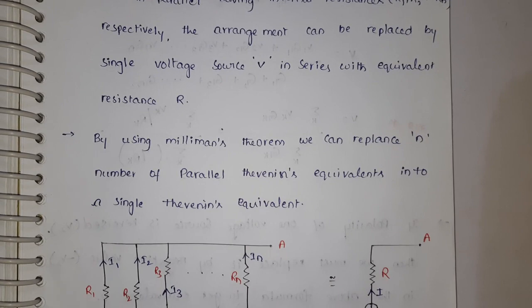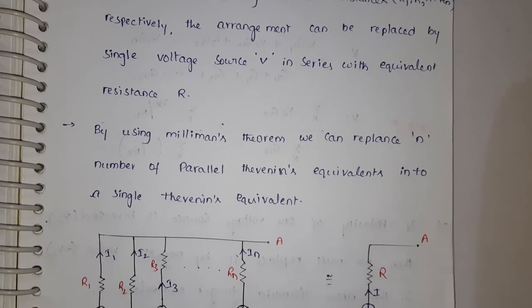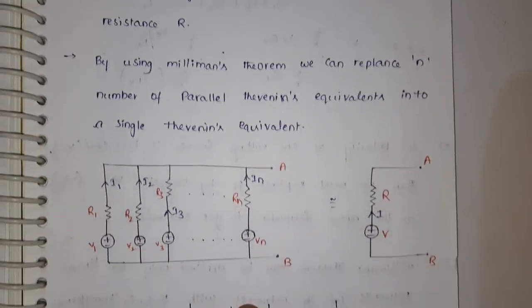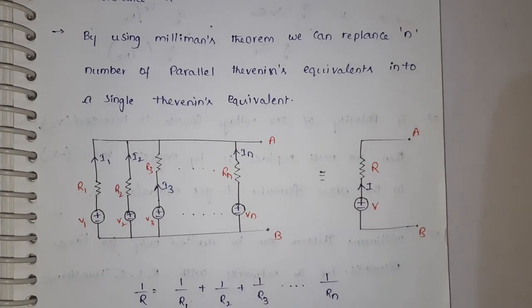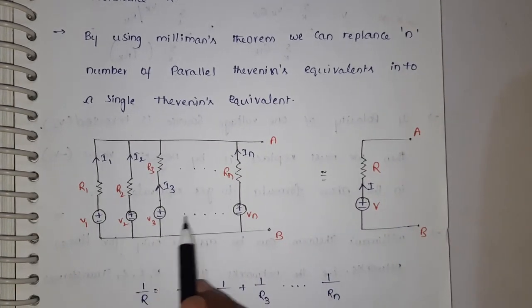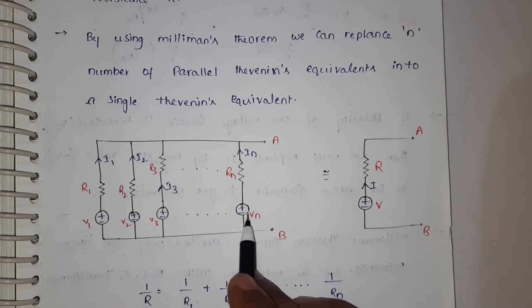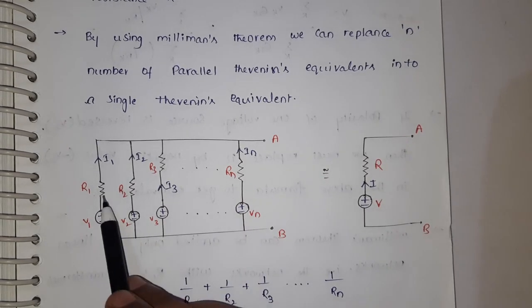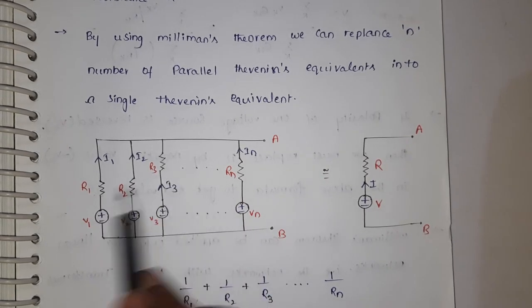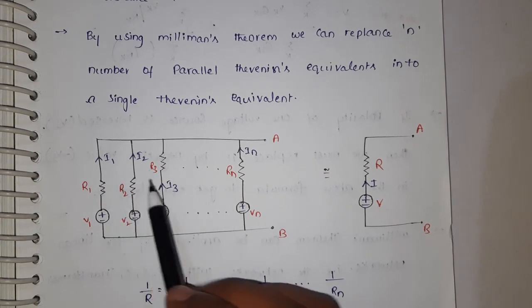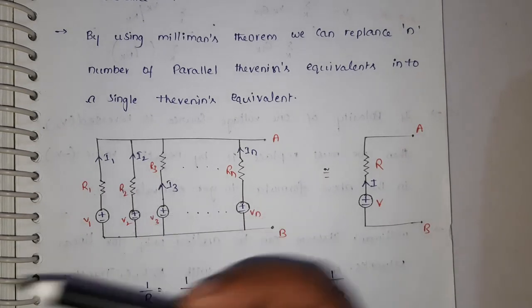Let us understand the statement by using a diagram. Here V1, V2, V3, Vn are all in parallel, and R1, R2, R3 are the internal resistances respectively.